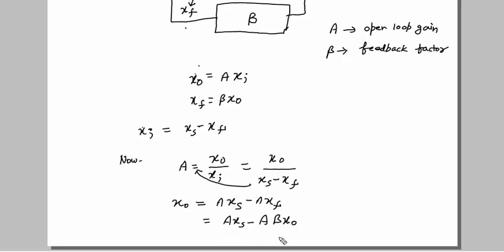Now we can see, if I take this x naught to this side and take x naught common, we'll get 1 plus A beta.